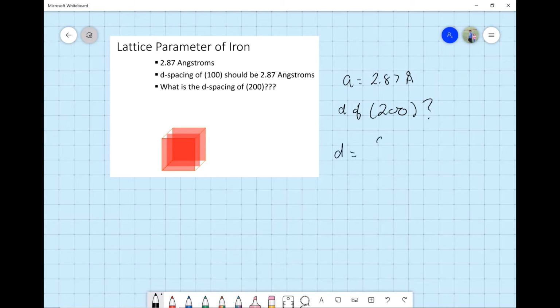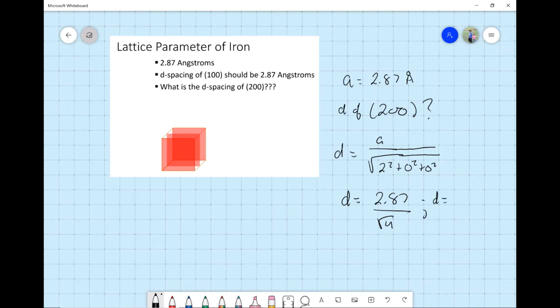d equals a over the square root of 2 squared plus 0 squared plus 0 squared. And hopefully you can read the writing. So d now equals, I should have put 2.87 in the first place, over the square root of 4.